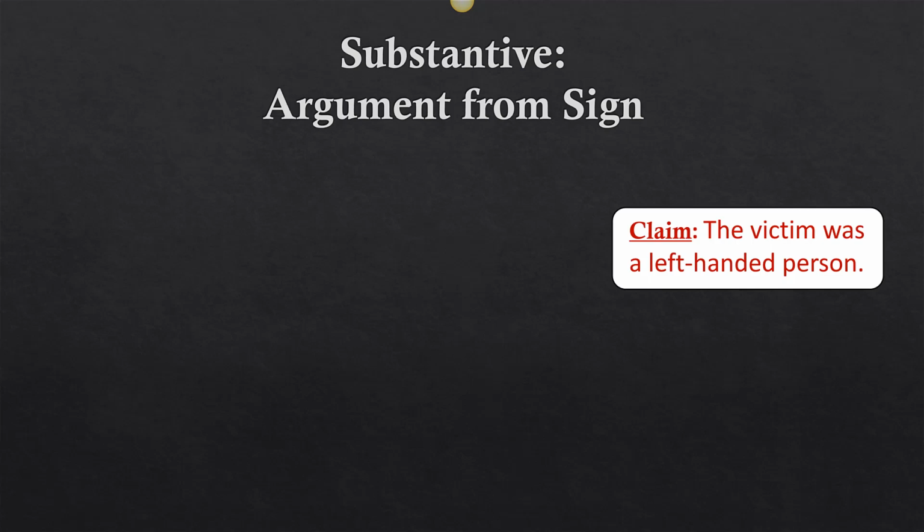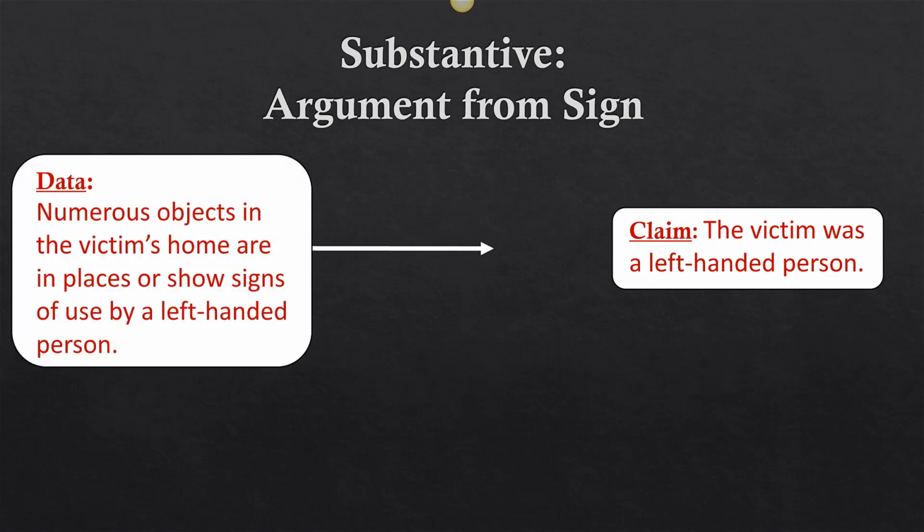Nobody there knows the person and can provide us confirmation that he was in fact a left-handed person. So how does Sherlock draw this conclusion? He looks to the signs, the clues that are available in the room. There are numerous objects throughout the victim's home that are either placed in a position or otherwise show signs of being used by a left-handed person.